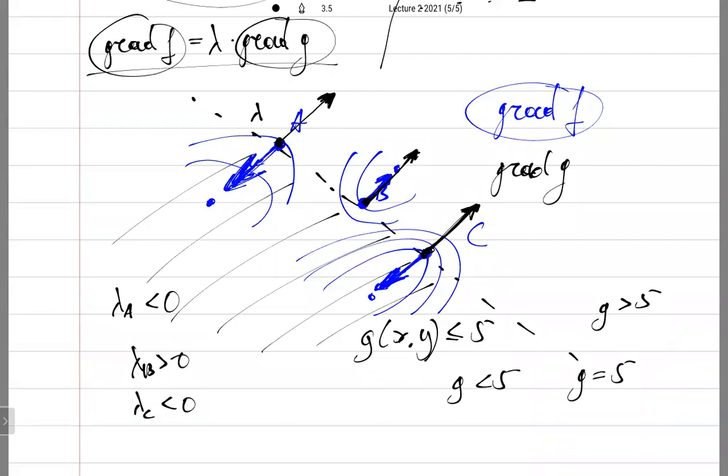The gradient of f should be proportional to the gradient of g, and to exclude points A and C, we should impose that condition. Okay?